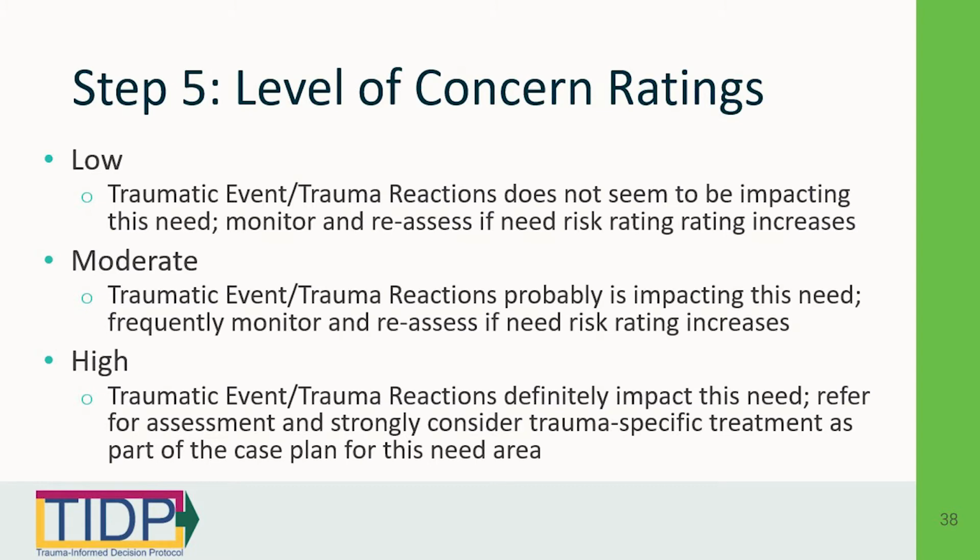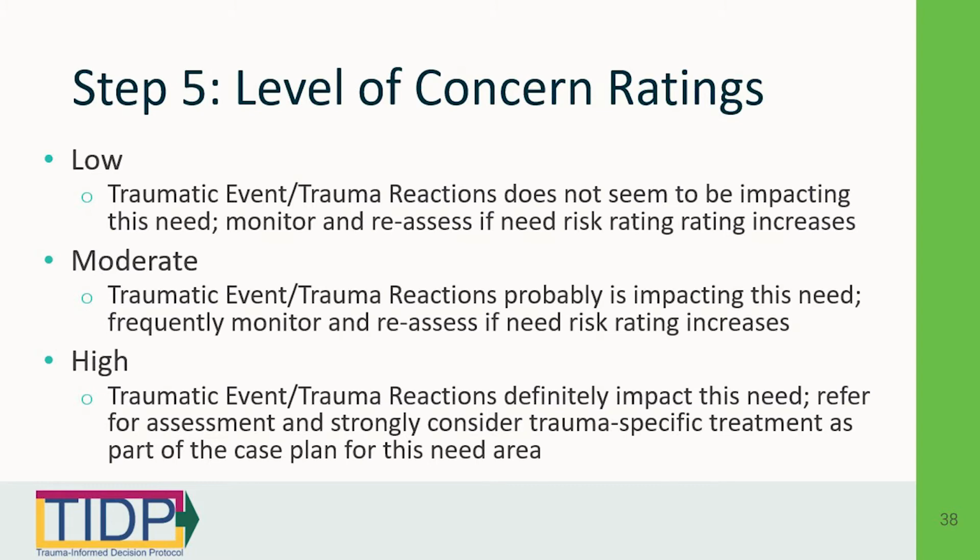And what that might be indicating on a practical basis is that this might require some more frequent attention or monitoring, and maybe even reassessing if the need area increases in risk, or you see a change in that particular trauma reaction or mental health area.